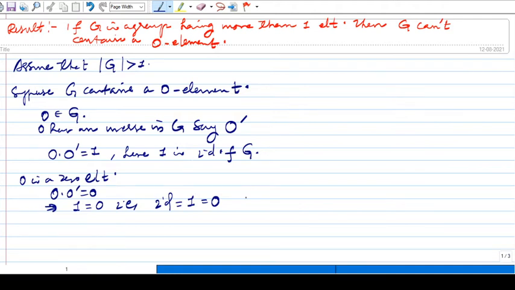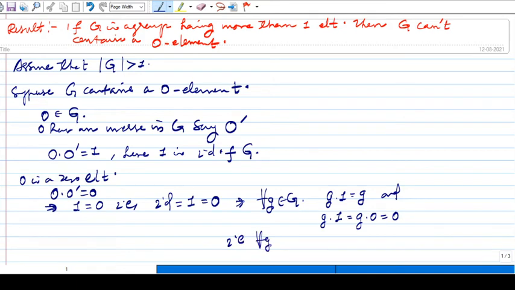Now what is the problem here? For every g in the group, we know that g times 1 is g, and g times 1 can be written as g times 0. Since 0 is a 0 element, this is 0. That is, for every g, g equals 0.